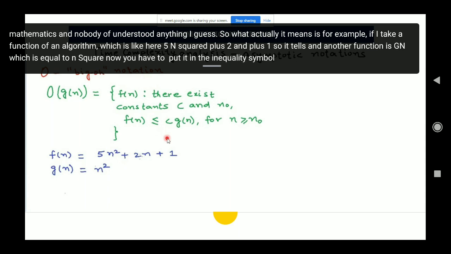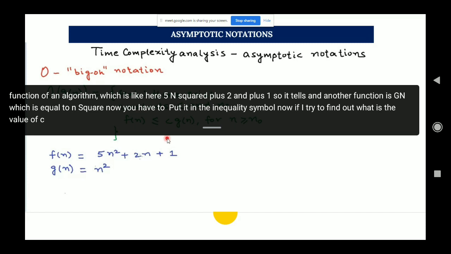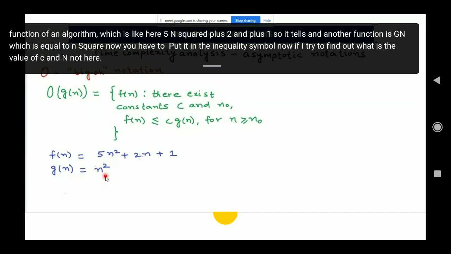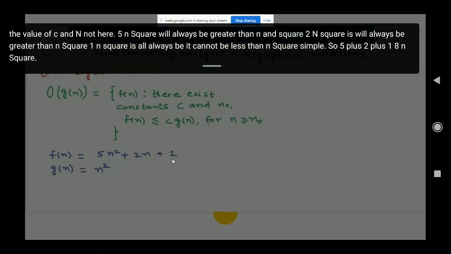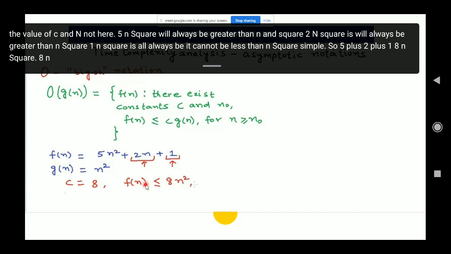Now if I try to find the value of c and n naught here, 5n square will always be greater than n square, 2n will always be less than or equal to 2n square, and 1 cannot be more than n square, simple. So 5 plus 2 plus 1, 8n square. f(n) will always be less than 8n square.